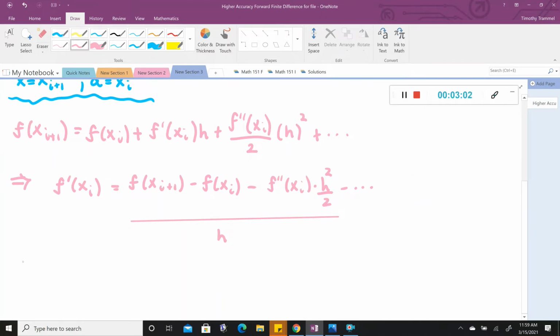I think we could then rewrite this as f prime of x sub i is equal to f of x sub i plus 1 minus f of x sub i all over h, and minus f double prime of x sub i times h over 2, right? One of those h's is going to cancel.